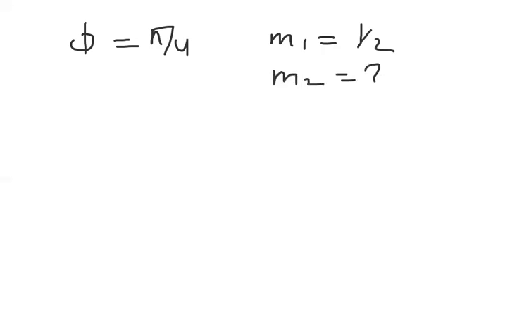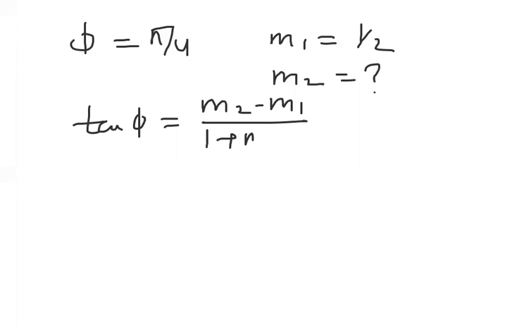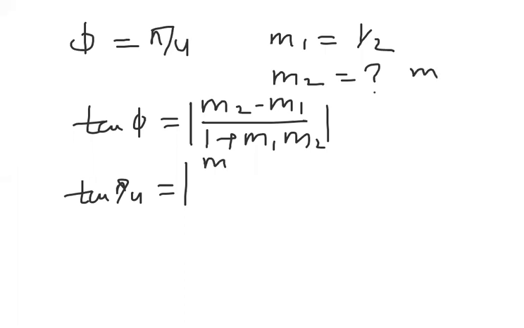So we know the identity: tan phi is equal to mod of (m2 minus m1) upon (1 plus m1 m2). Tan phi means tan pi by 4 is equal to mod of (m minus 1 by 2) upon (1 plus m into 1 by 2).